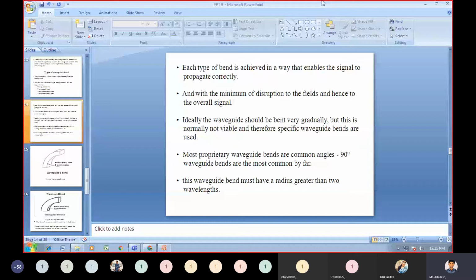Most commonly, waveguide bends are at an angle of 90 degrees. The waveguide bend must have a radius greater than 2 wavelengths.